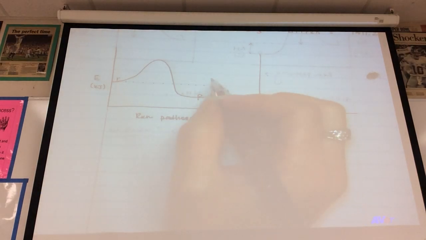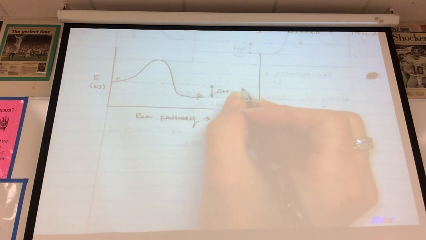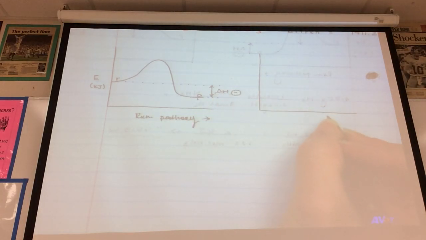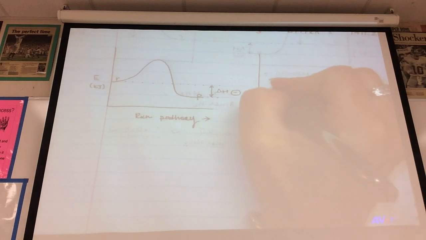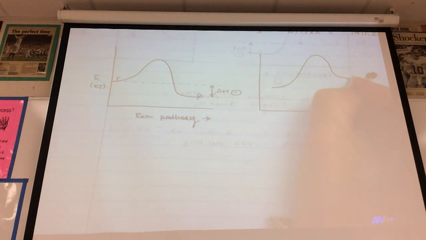Be careful there. This value is going to be less than that one, giving rise to an exothermic reaction, a negative delta H. In contrast, in an endothermic reaction, what you're going to see in this instance is that the energy of the products is going to be greater than that of the reactants, giving rise to a positive delta H. So this is exothermic and this is endothermic.